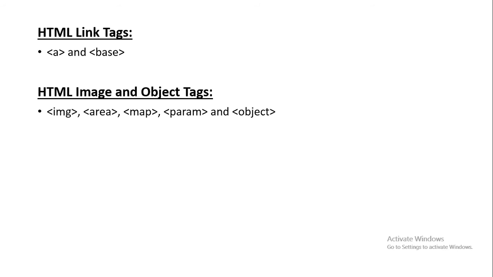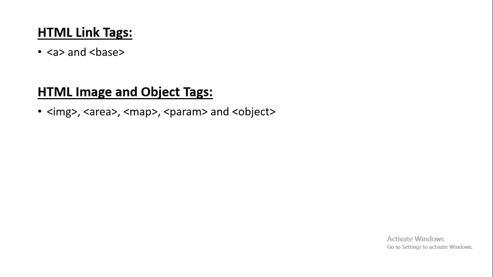And what does a map tag do here? Let me explain the map tag as well. The map tag is basically a client-side image map. Suppose we have an image with three boys in a picture, and I want to click on each boy separately.